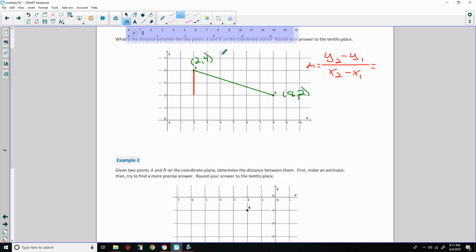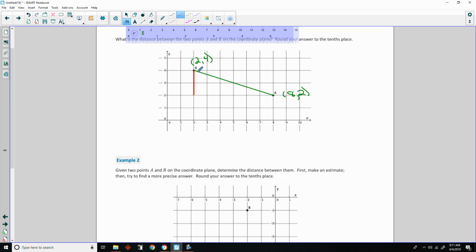So y2 minus y1, that is an absolute value distance of 2. I don't want to do slope here because then I'd get a negative value, and I'm not looking for slope at this point. I'm looking for the length of AB, but it's along the lines of the slope, taking the two portions.